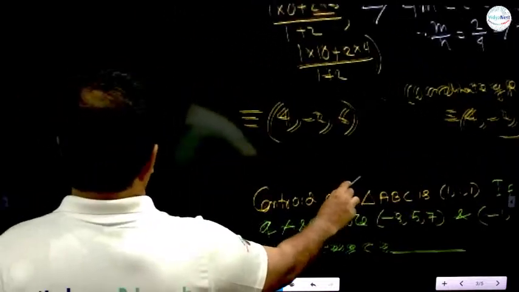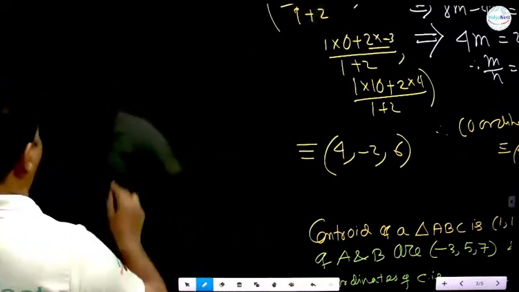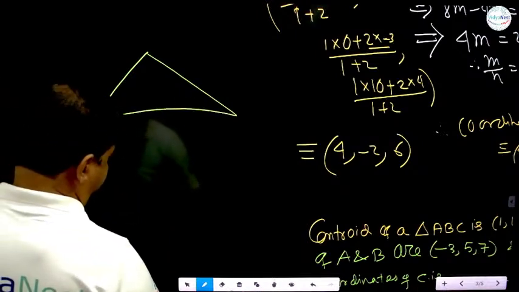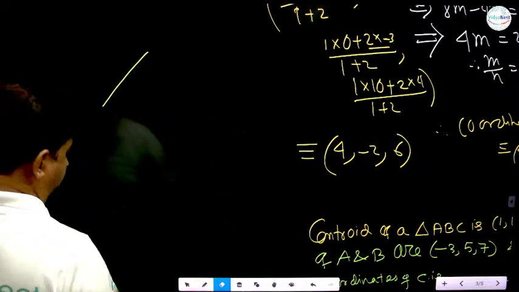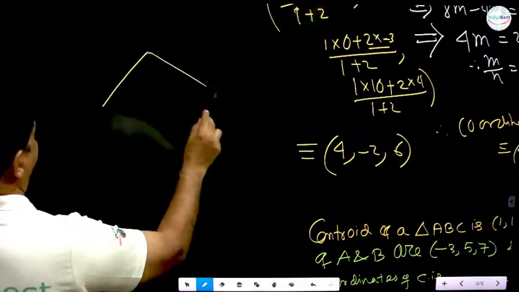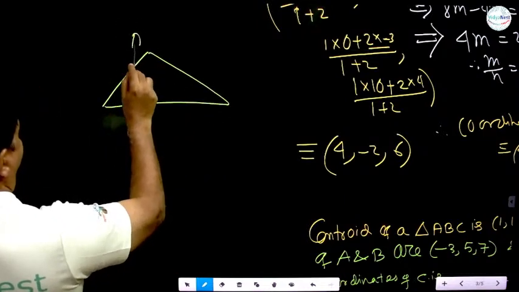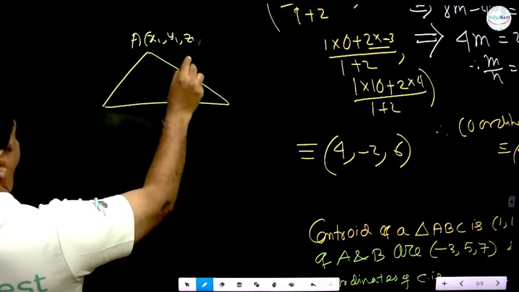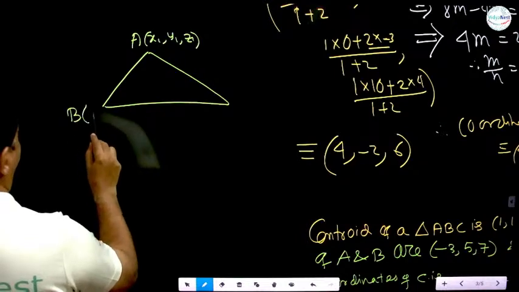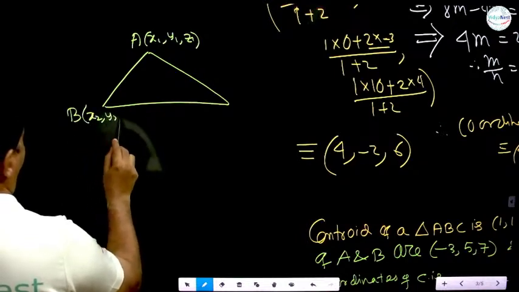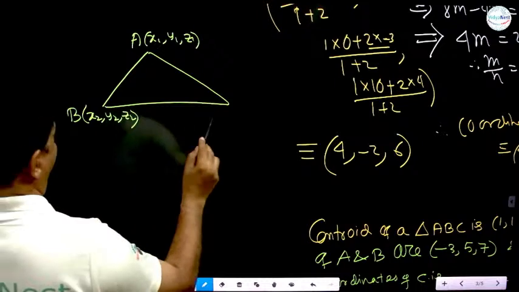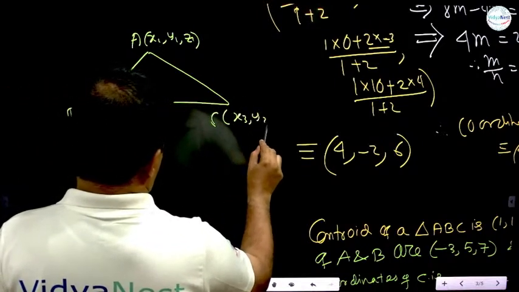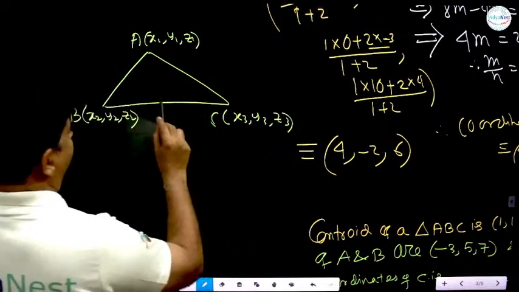See, there is a triangle like this. What is the centroid?